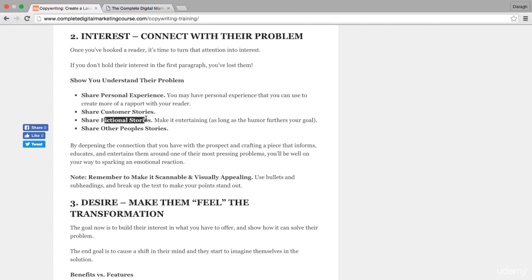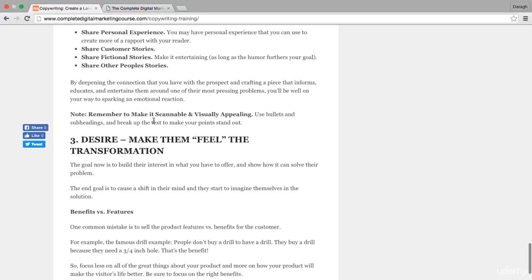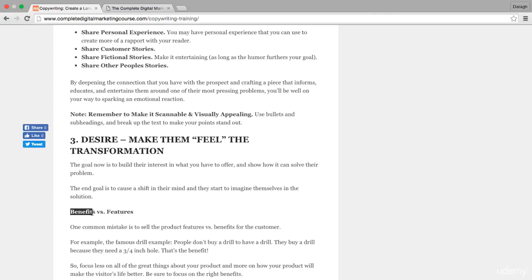After you have their interest and have identified the problem that they have, the next step is to show them the solution and get them to want and desire the solution that you have. The way that you do that is to make them feel that transformation and see the benefits of your product rather than just the features.